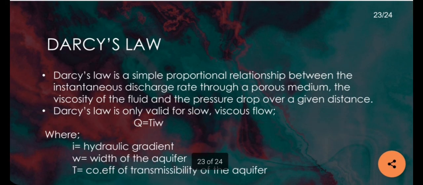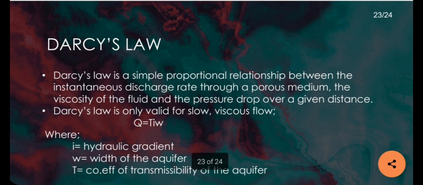And lastly, Darcy's Law. Darcy's Law is a simple proportional relationship between the instantaneous discharge rate through a porous medium, the viscosity of the fluid, and the pressure drop over a given distance. Darcy's Law is only valid for slow and viscous flow.